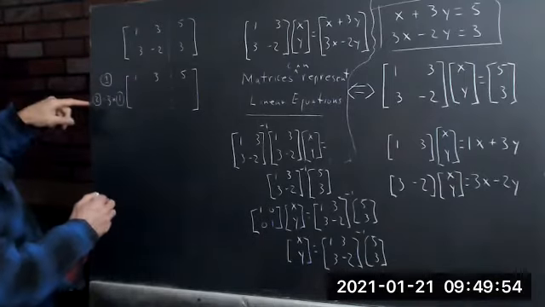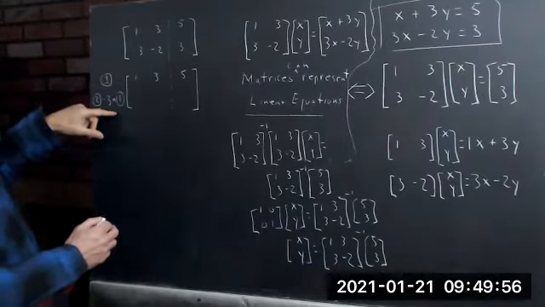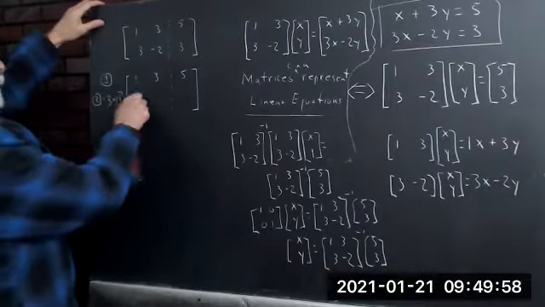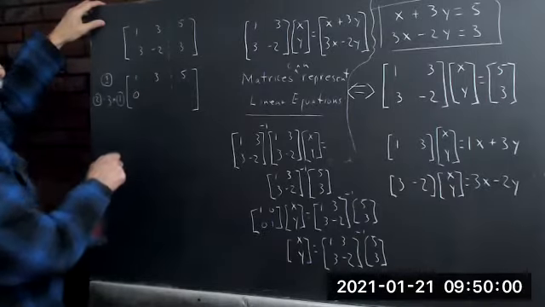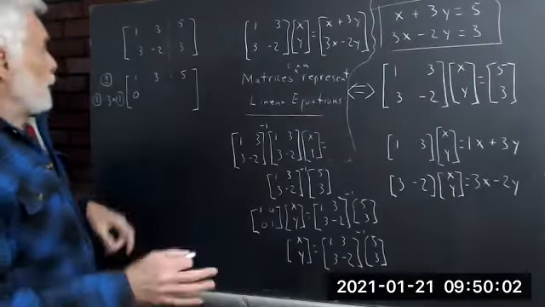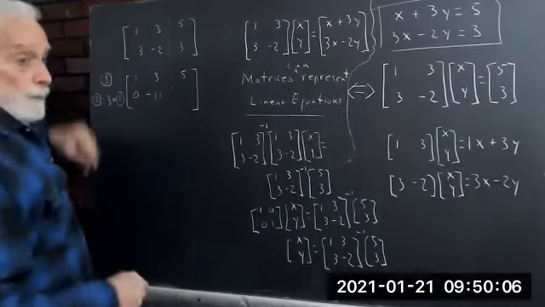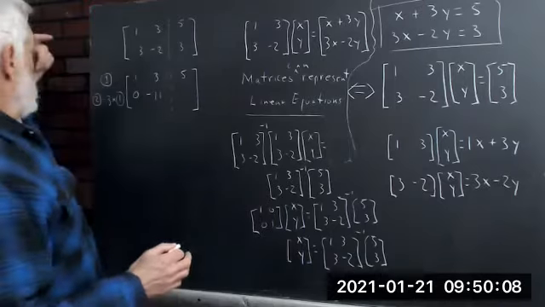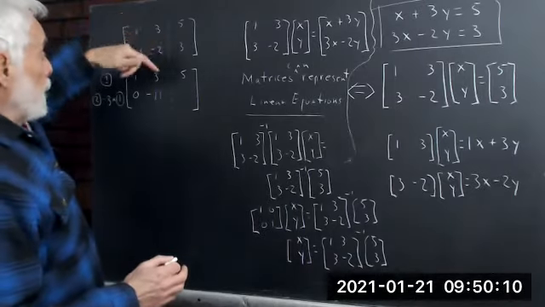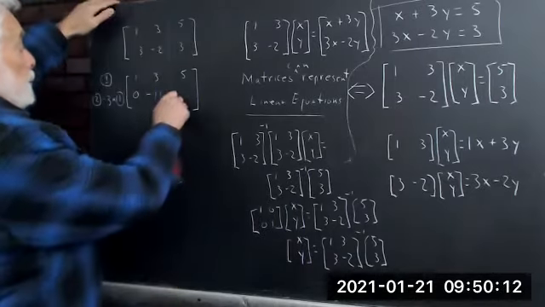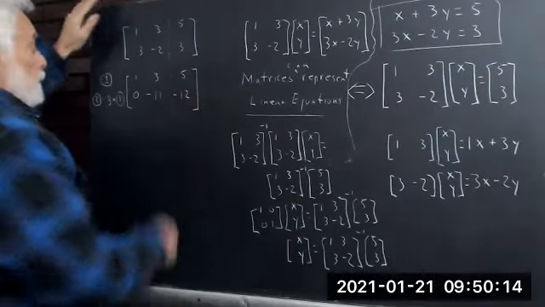Well, that's going to give me second row -3 times the first, and that's going to give me 0 here. And then we're going to have the -9 that we get here, and the -2 is going to give me -11. And the -15 that I get here added to 3 is going to give me -12.